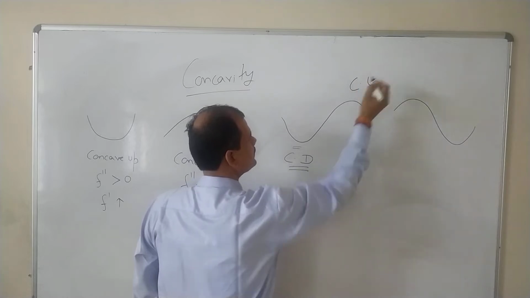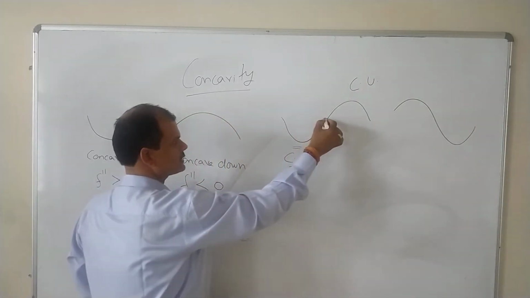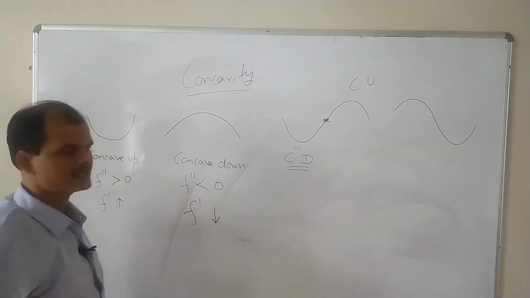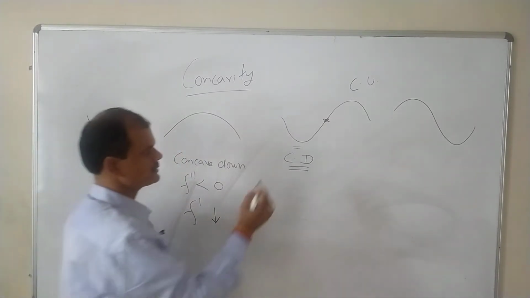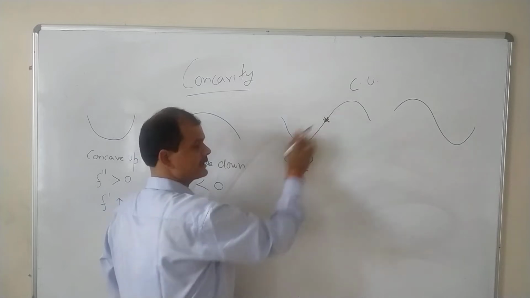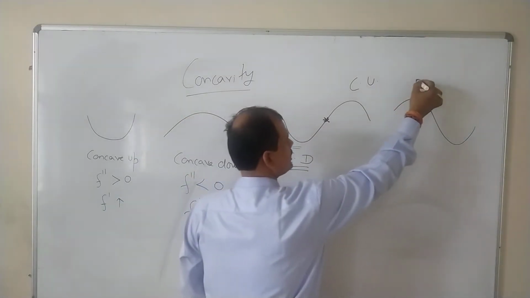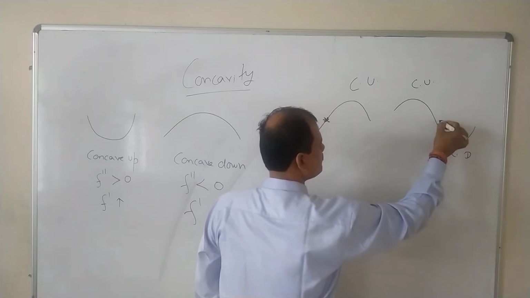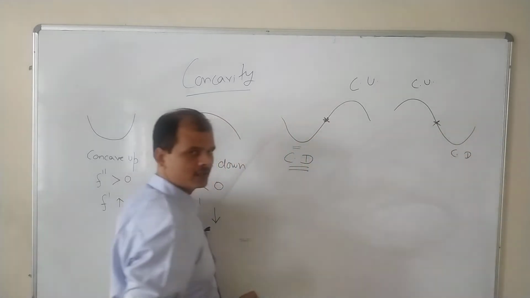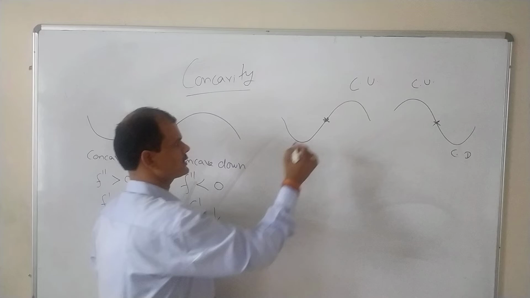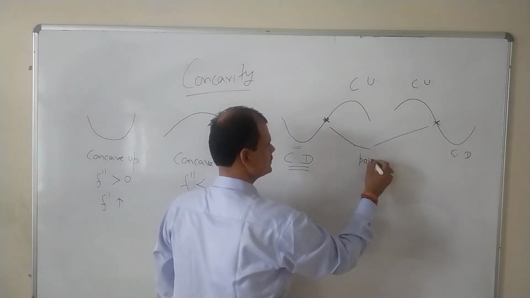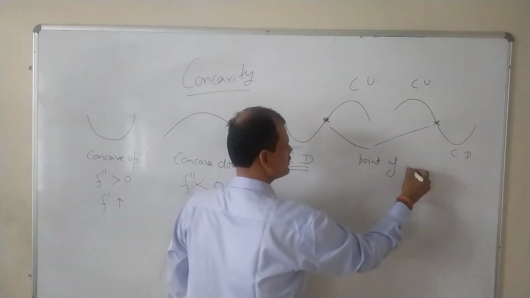So at some point the concavity changes, right? For this function, at this point concavity changes. Here you see this is the concave up and this is your concave down. So at some point your concavity changes. So this point is called the point of inflection.